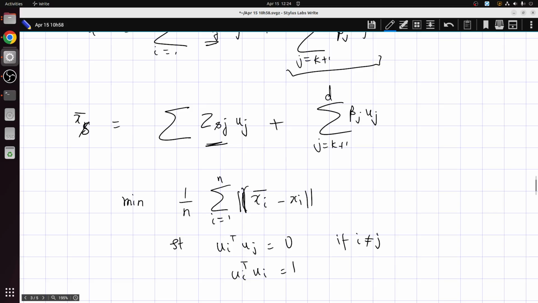Now our problem is to find the zij's, the beta j's, and of course the ui's, for all the n points. So this is the PCA formulation. I hope this is clear.